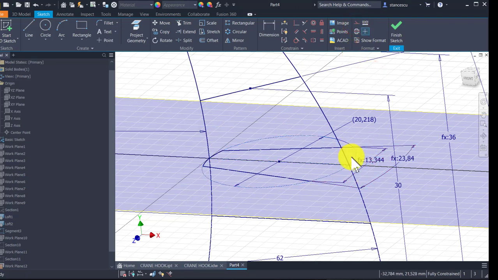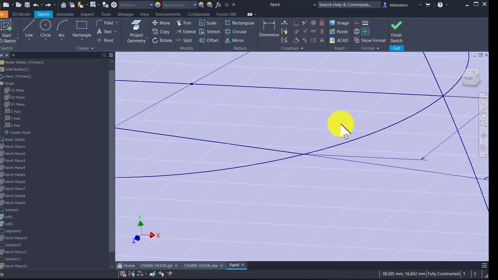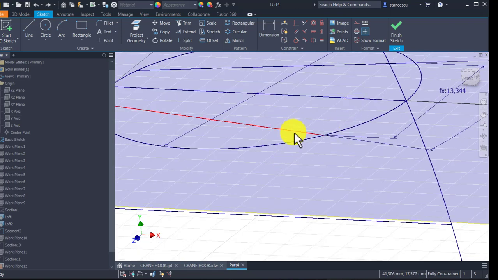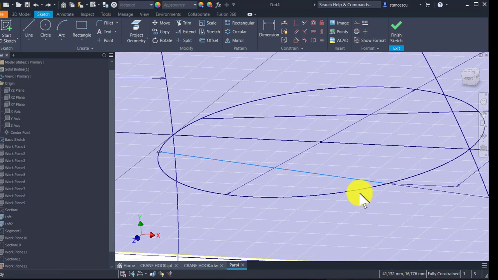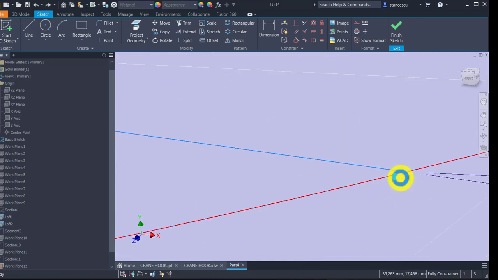Oh, what about this? Control Z. One line is not well placed. This one, you see, this is not connected here, I suppose.